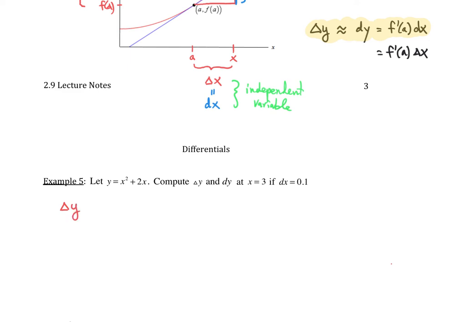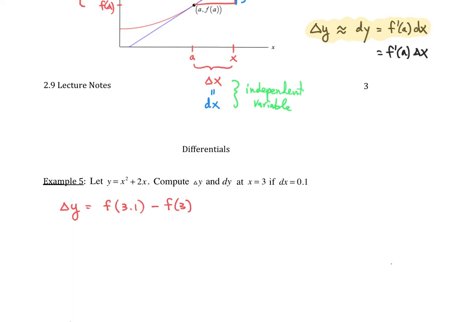Delta y is going to be equal to the change in the y values, right? So how do I calculate the true change in the y values? Well, the bigger y value is going to be f of 3.1 because I'm evaluating at the point x equal to 3, which corresponds to my a, and then I'm going 0.1 distance more, which means my x value up here is going to be 3.1. So I'm putting my 3.1 there. And then I'm going to subtract what I get when I evaluate my function at 3.